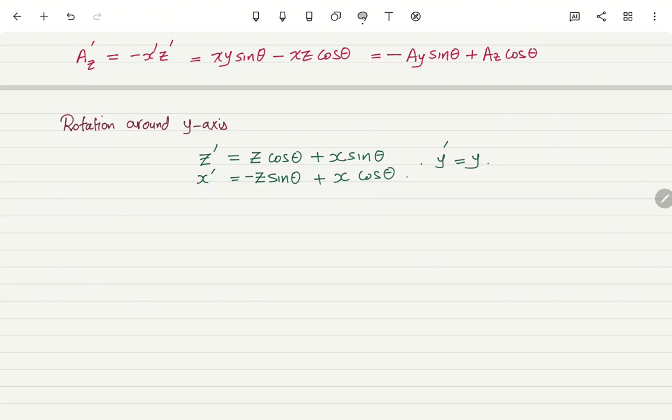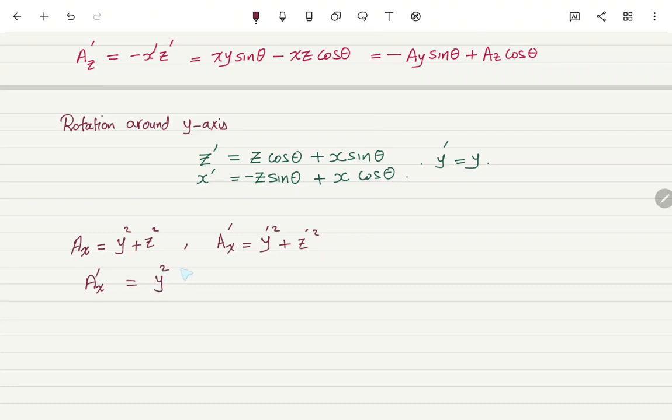Now, let's check the first point, ax prime. ax is equal to y square plus z square. Now, ax prime equal to y prime square plus z prime square. Let's substitute z prime and y prime and see what's going to happen.